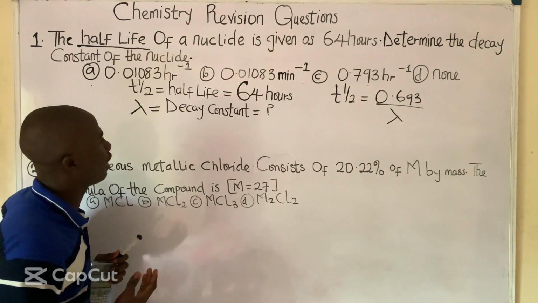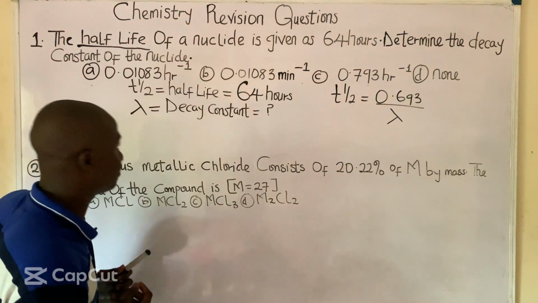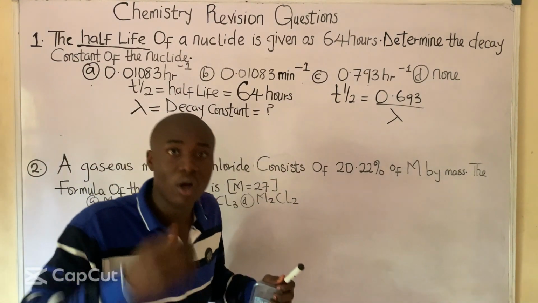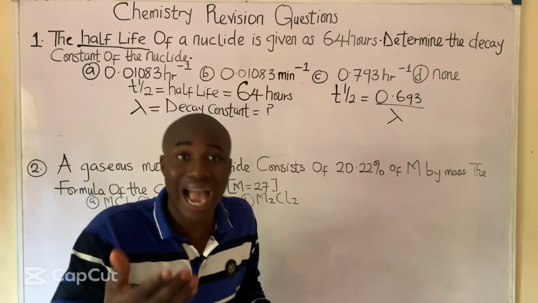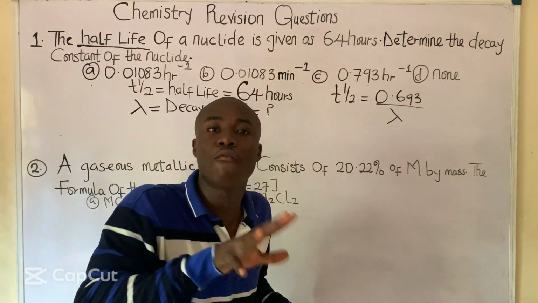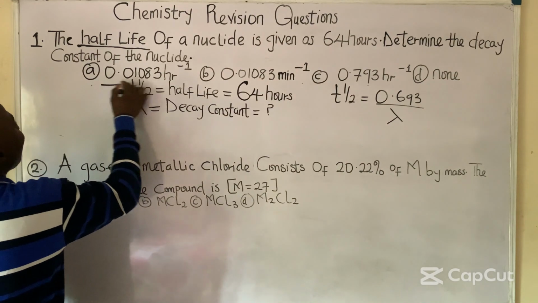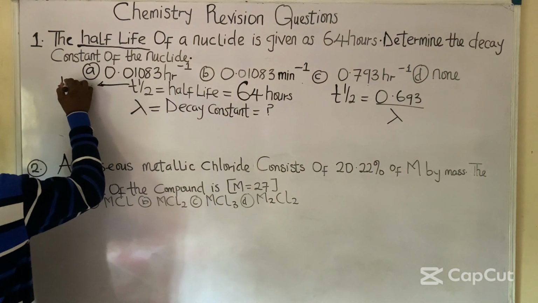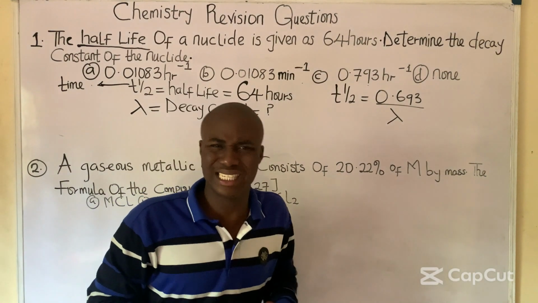Now, moving further, we then have to take note of how we know the unit of half-life. Because half-life basically is the time to which half of a substance disintegrates.